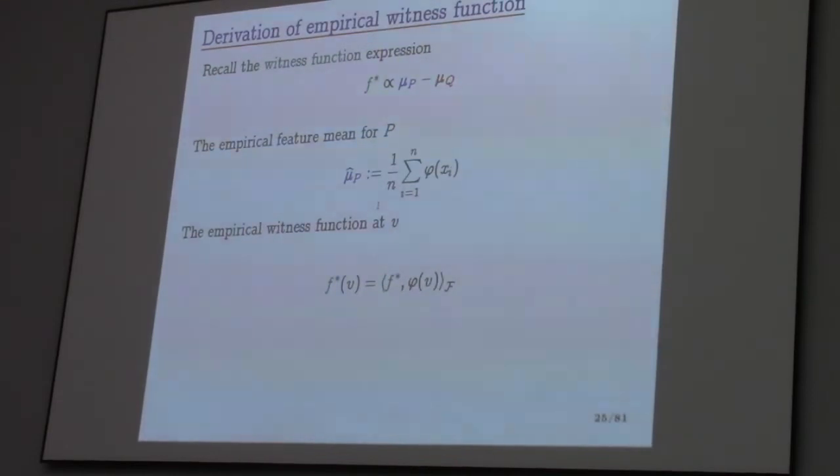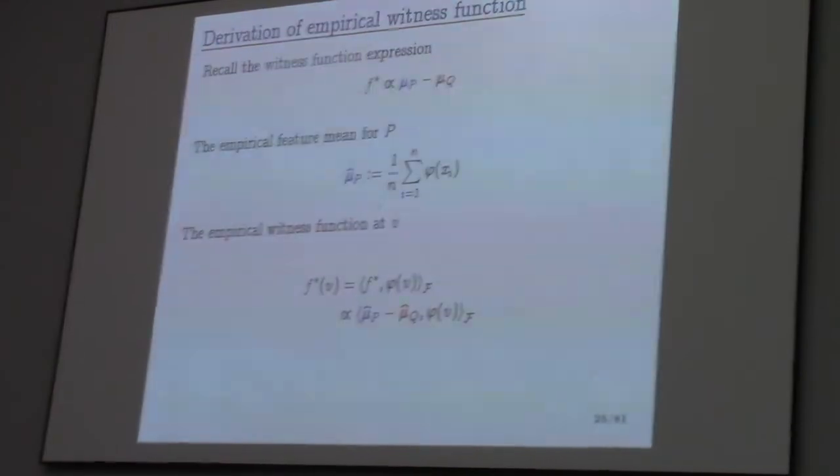Now, what is the value of my function at a point v in this case? It's the dot product of the coefficients with the feature of v, because that's true for any function in our case. What are my coefficients? Up to normalization, it's the difference of expected feature means, dot producted with the features of v.